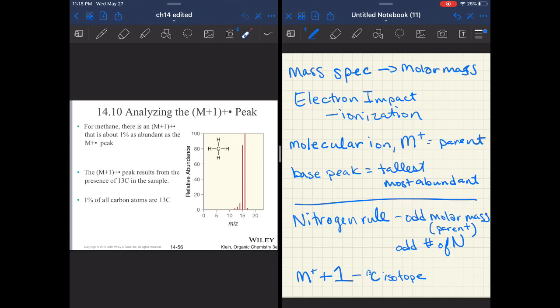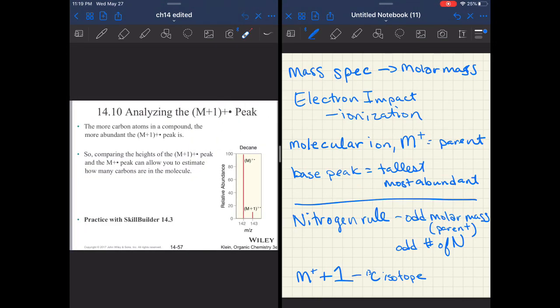So if you have carbon 12, then it is going to have a molar mass of 16. But if it has carbon 13 in it, it will have a molar mass of 17. Carbon 13 is a little bit less than 1% abundant, right? About 1% of all carbon atoms. So this peak here should be 1% of that parent because there's only one carbon present. Sometimes you can't even see that M+1 peak because it'll be so tiny, but that is where it comes from.